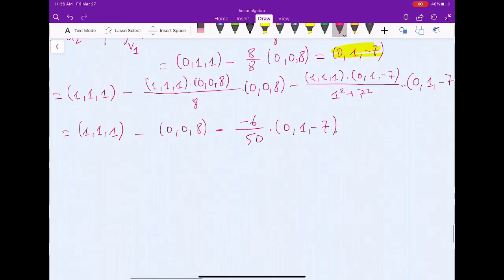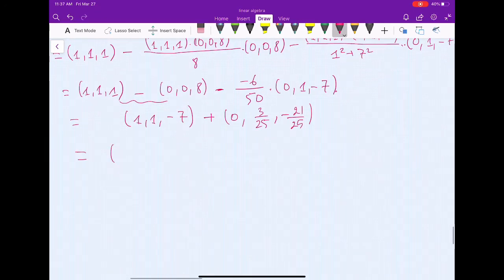Let's simplify them. For these two vectors, I get (1, 1, -7). And for this one, I get 0, 3 over 25, and then negative 21 over 25.